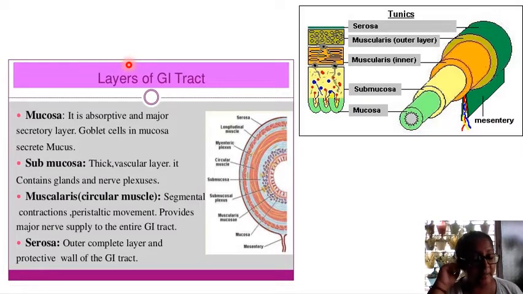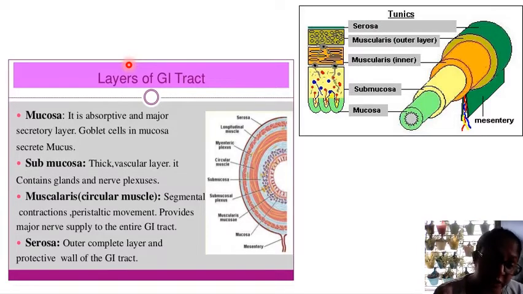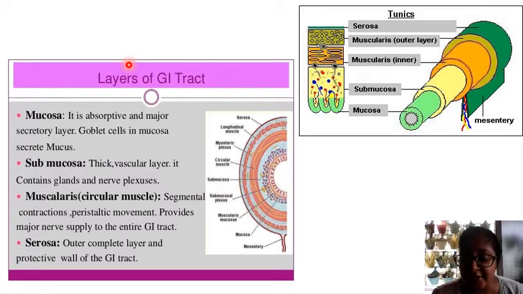The muscularis of the mouth, pharynx, and esophagus helps in the voluntary swallowing process because of the skeletal muscle that is present. So the mouth and esophagus have skeletal muscle, whereas the rest of the muscularis has smooth muscle, and that's why it can help in the peristaltic movement of this part.